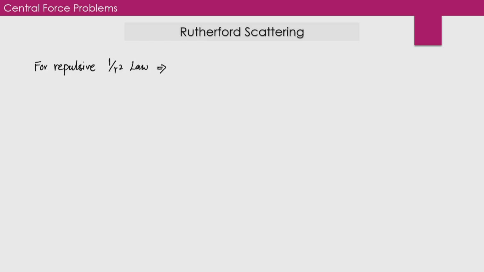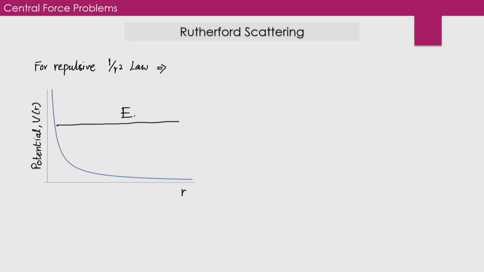In the case of the repulsive power law, the potential curve looks like this. This is a 1 over r potential.